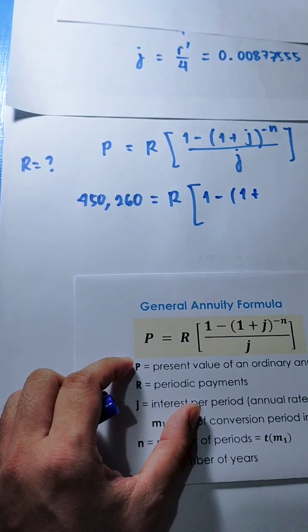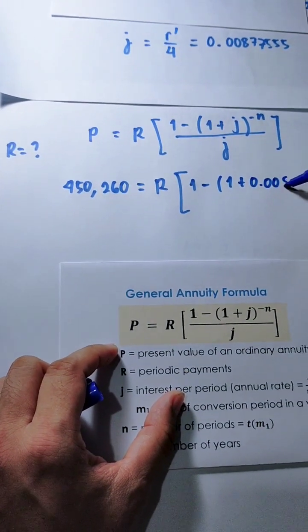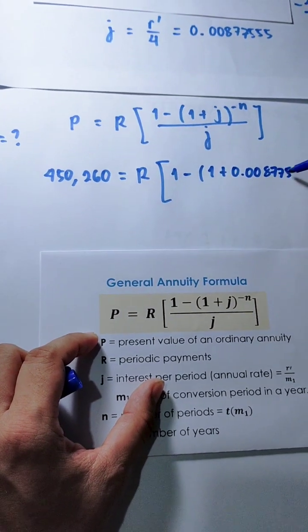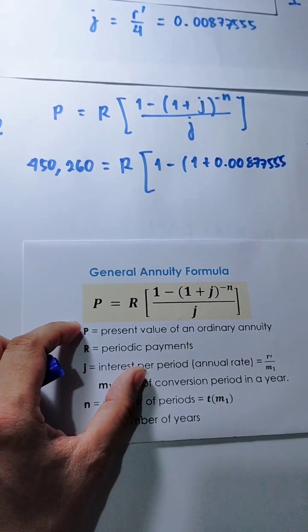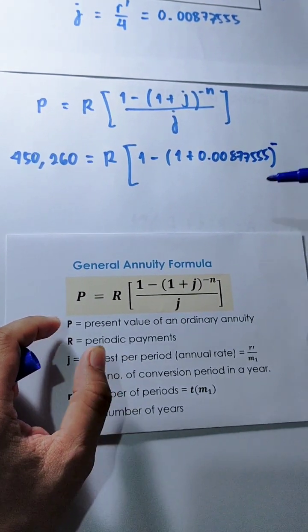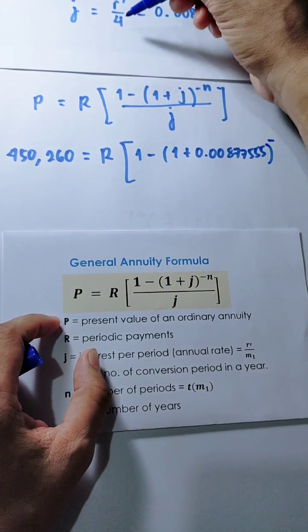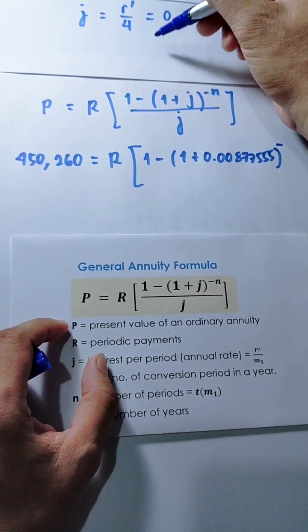Our J is 0.0087755) raised to the negative. Now we're using the new M, which is quarterly.